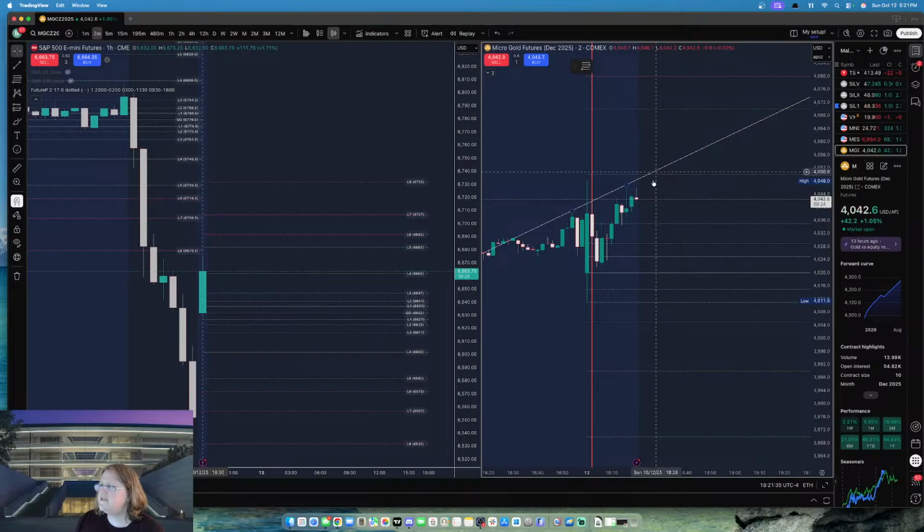Wonder if they're gonna TTO here, like a double top here on gold. Very possible. Yeah, looks like it.